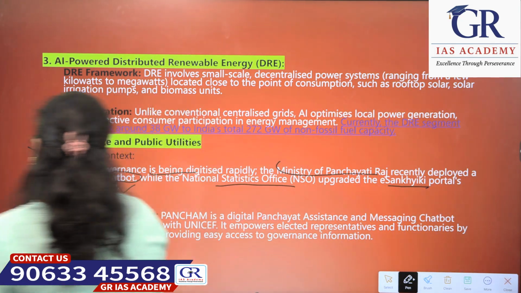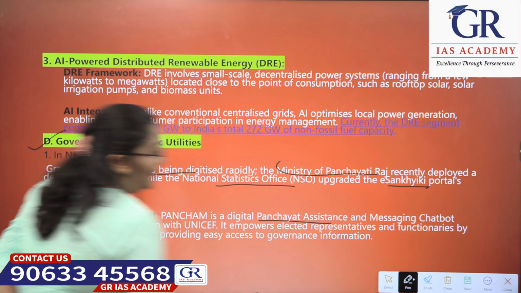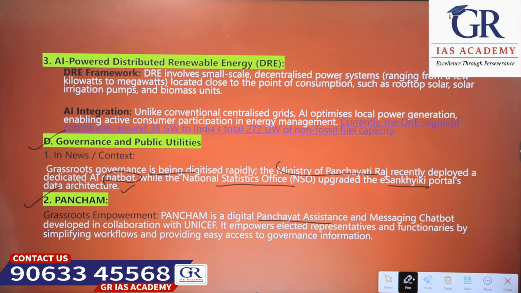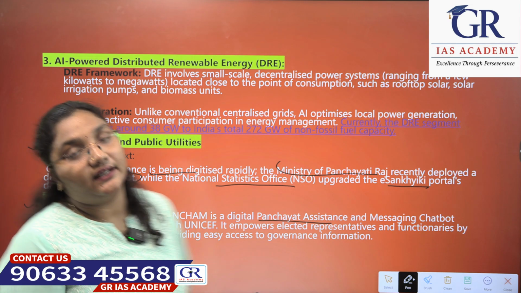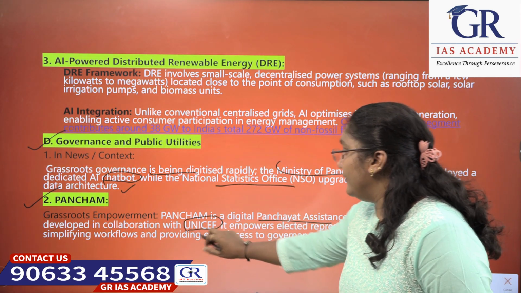Okay. Next, let us see what is Pancham. Pancham is grassroots empowerment. Pancham is a digital panchayat assistant and messaging chatbot developed by the Ministry of Panchayati Raj in collaboration with UNICEF.